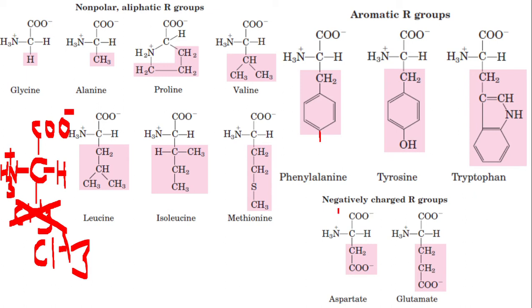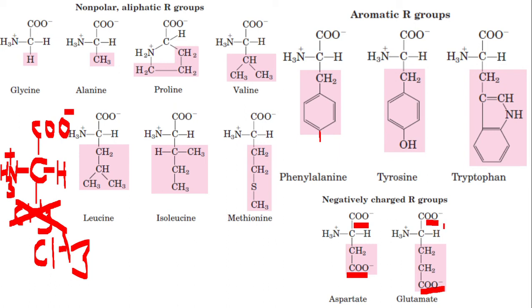And negatively charged amino acids. Why? Because in their R group, there is a carboxyl group. There are only 2 amino acids which have a carboxyl group in their R group also. Already, as a part of the general structure, they have a carboxyl group.